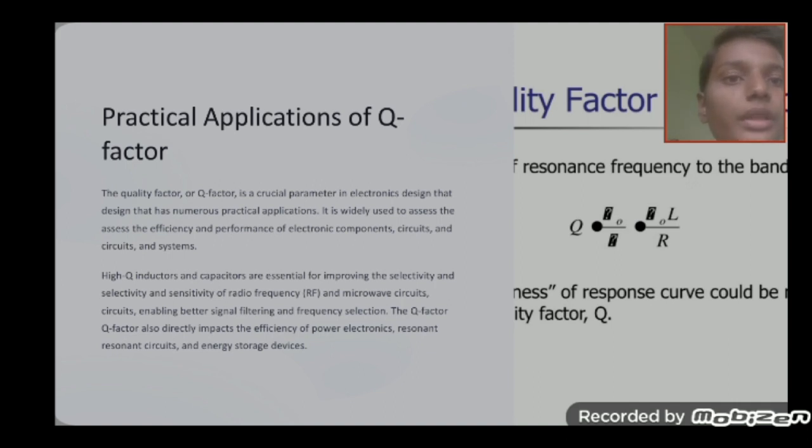High Q inductors and capacitors are essential for improving the selectivity and sensitivity of radio frequency and microwave circuits, enabling better signal filtering and frequency selection. The Q factor also directly impacts the efficiency of power electronics, resonant circuits, and energy storage devices.